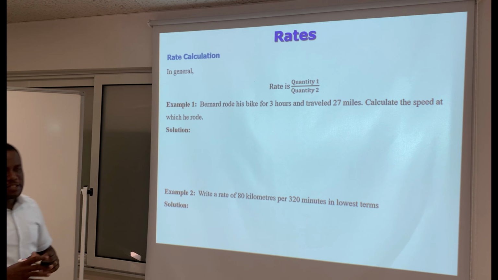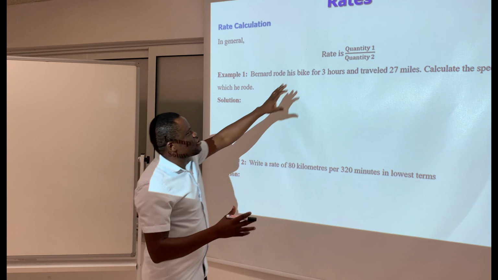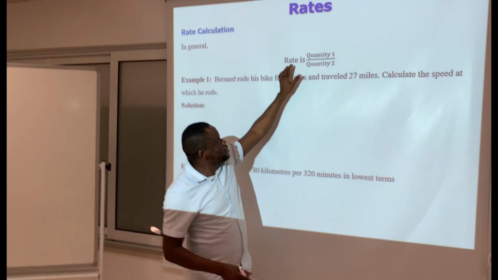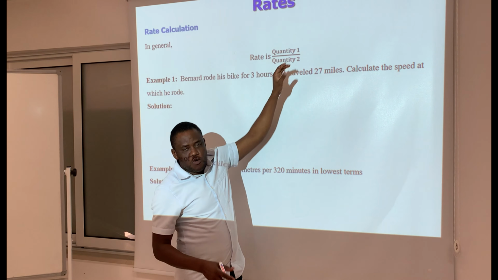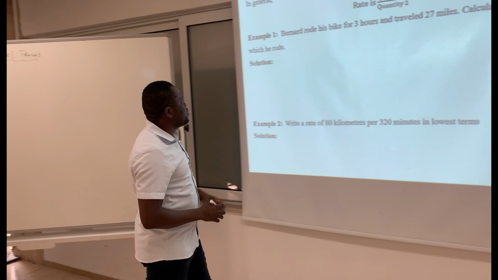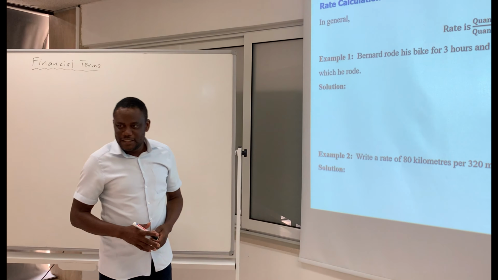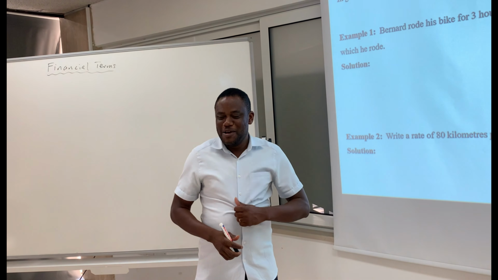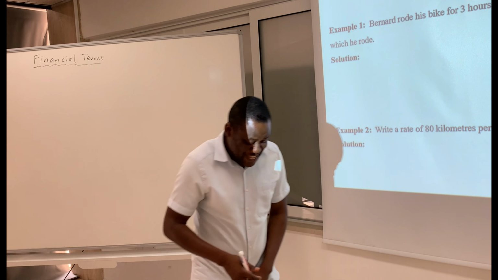Okay, so let's look at some examples. Now, this is a very quick formula. That is, the rate is the first quantity divided by the second quantity. Now, let's look at the example. Bernard. You know I'm laughing, Bernard. Mr. Bernard.